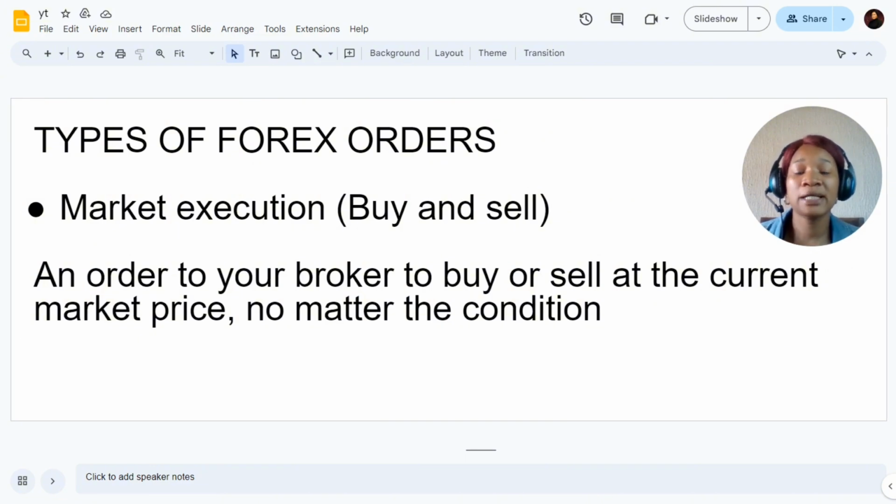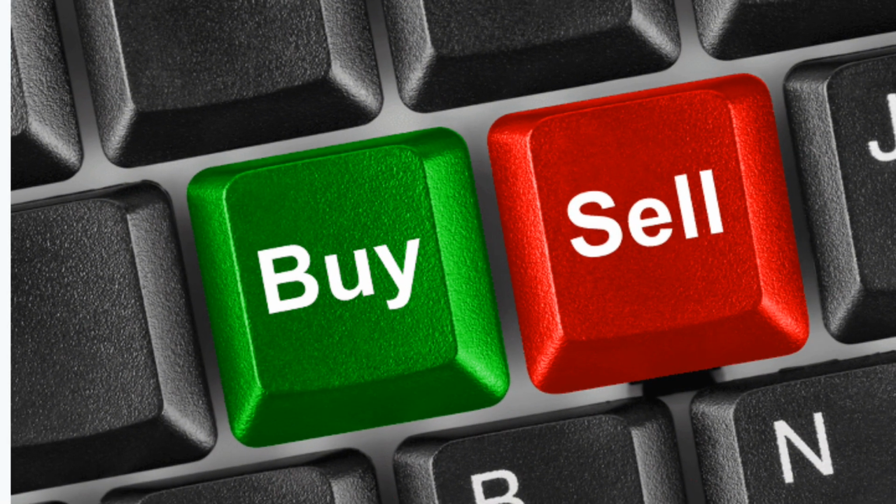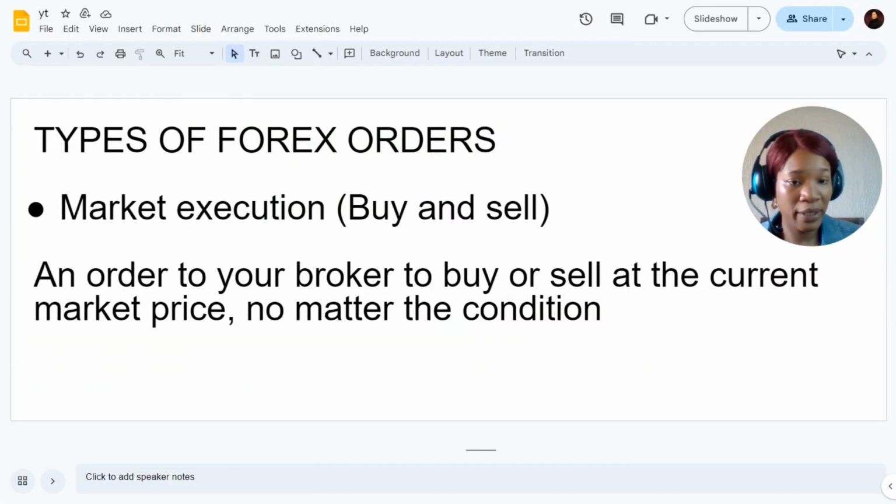First and foremost, market orders, right? Market execution. This is an order to your broker to buy or sell a particular pair, a particular currency pair, a particular asset, a particular instrument, whatever it is you trade, at the current market price that you are seeing in a particular trade, right?